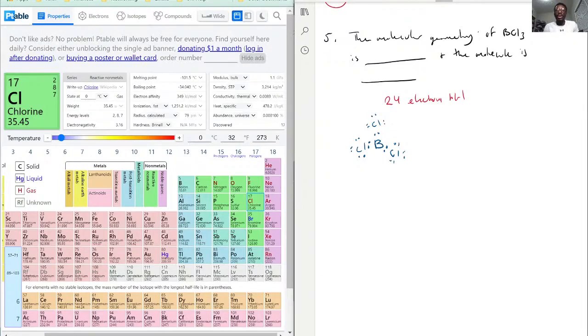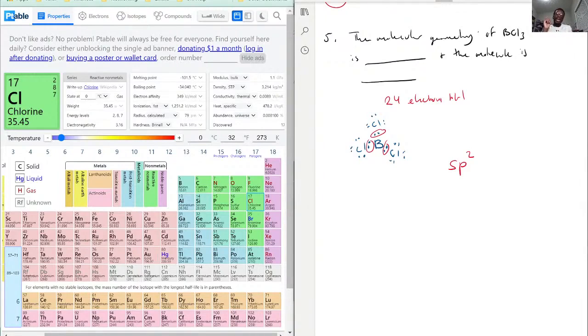So, hybridization is found by the things attached to it, including lone pairs and more importantly bonds, okay? So for boron, we have 1, 2, 3 bonds, okay? So it will be sp2 hybridized because the s takes up one of the bonds, and then p2 because there are 2 more bonds left. So that'll be sp2 hybridized.